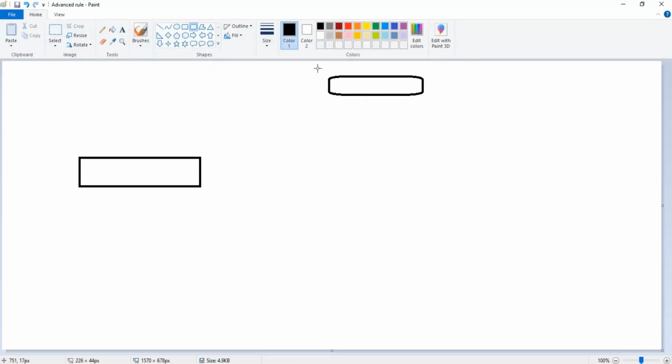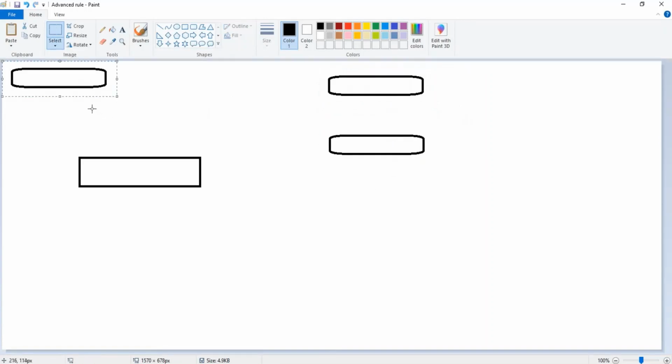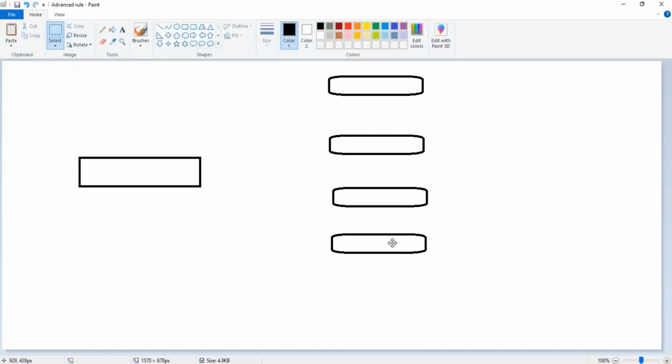Now I'm creating one more advanced rule, and I can create more like this.